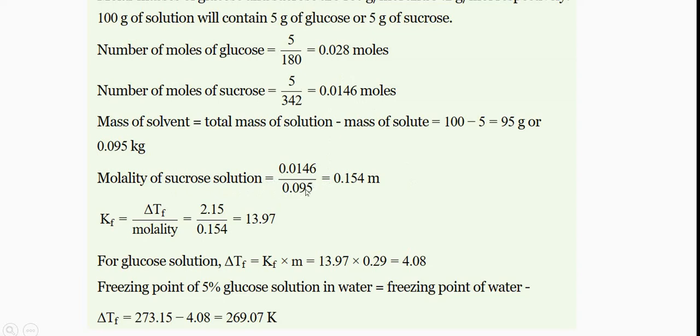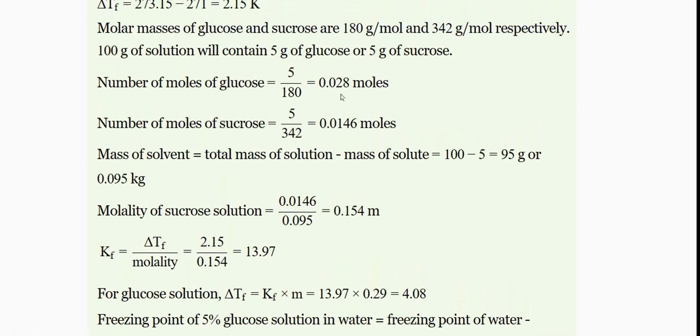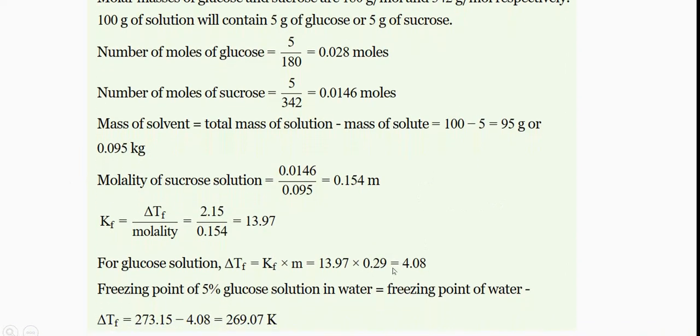Number of moles by mass of solvent. Right, the number of moles is 0.028 here. So the molality of glucose solution, it is not written here, I am telling it to you, is 0.028 divided by 0.095. So that will give this value, 0.29.